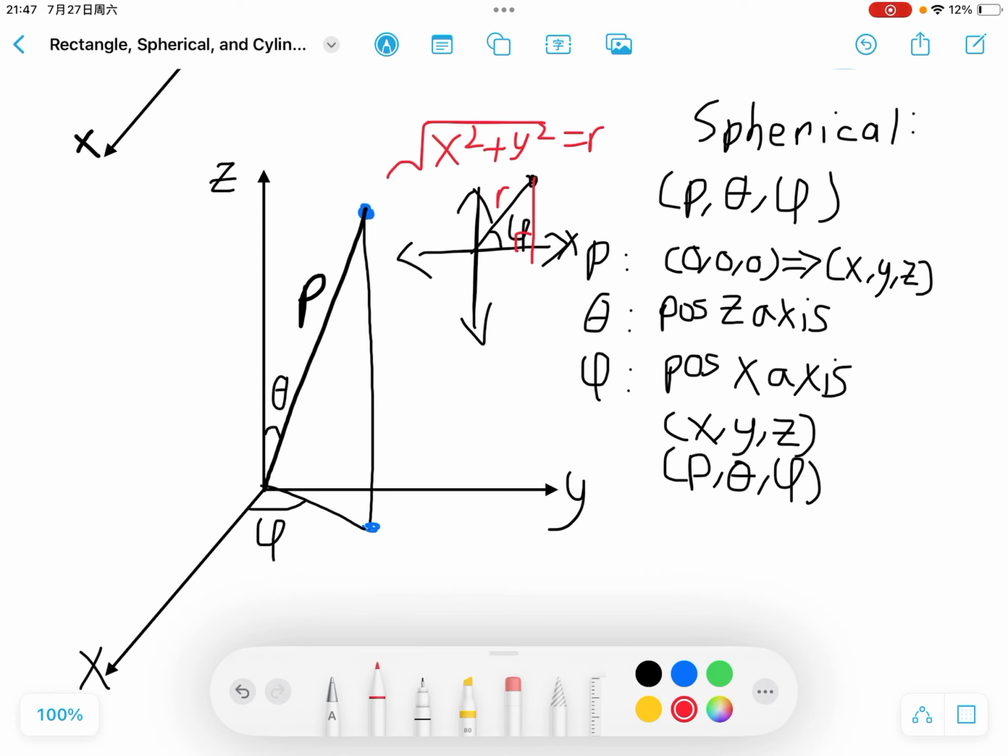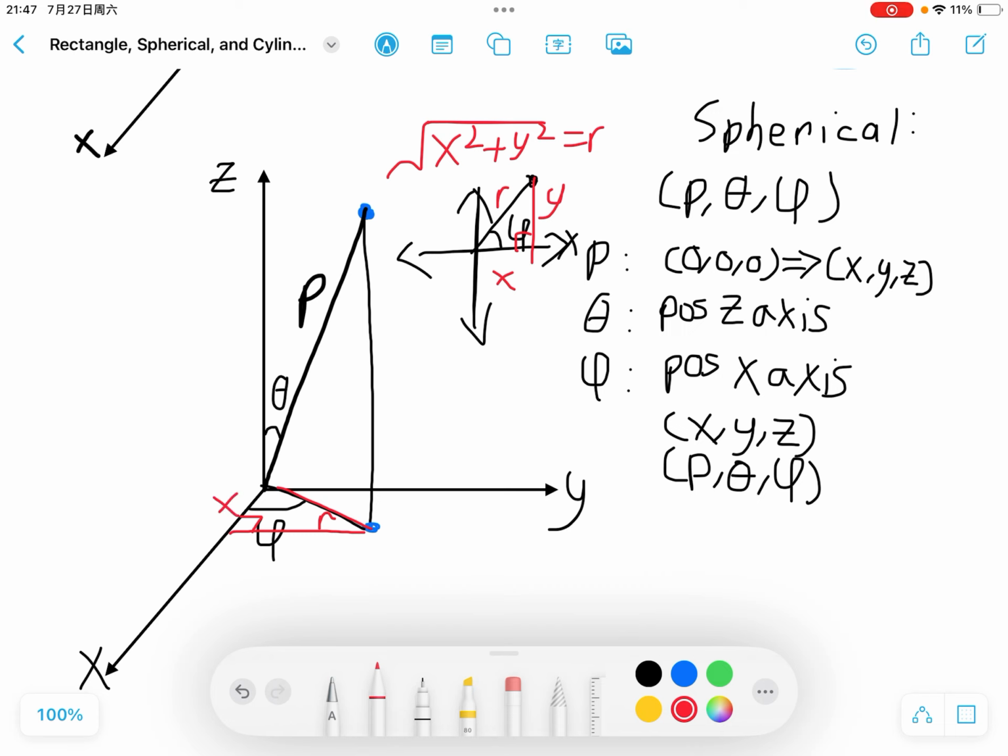We know that because we have a right triangle here, and this length is x, this length is y. If we visualize this on the 3D coordinate plane, this distance is r. You can imagine these two images correspond with each other; this is just a 3D version.